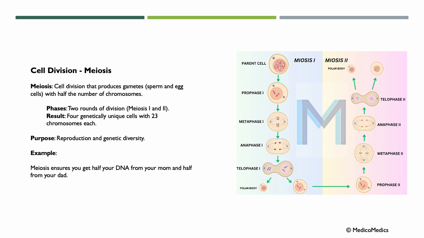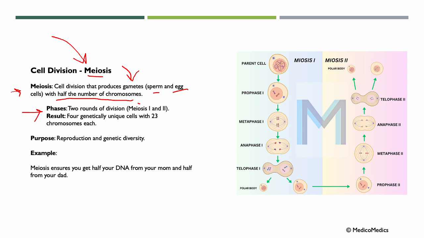Now then, after mitosis, we have another type of cell division, which is meiosis. And meiosis is the cell division that produces gametes, so sperm and egg cells, with half the number of chromosomes. The phases include 2 rounds of division.